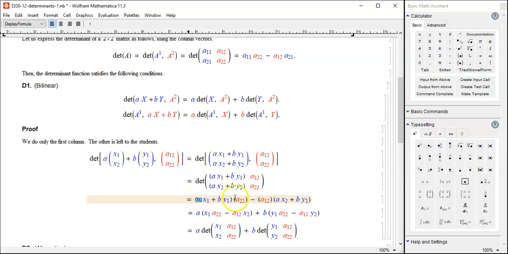A, x1 times A22, and here's another A, x2 times A12, but that's negative, so we get that. And that expression is the crisscross coming from this determinant. Let's go back here. I want these two a's as a single factor, so take a out. So x1 times a22 minus x2 times a12, that gives me this, and that is the same as this determinant.